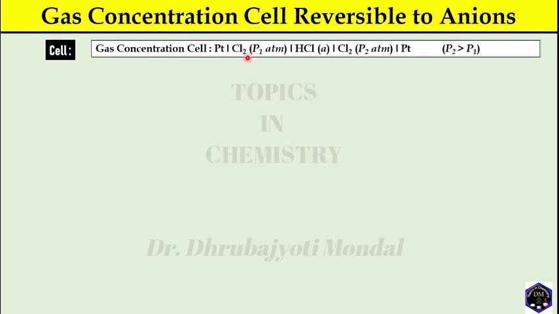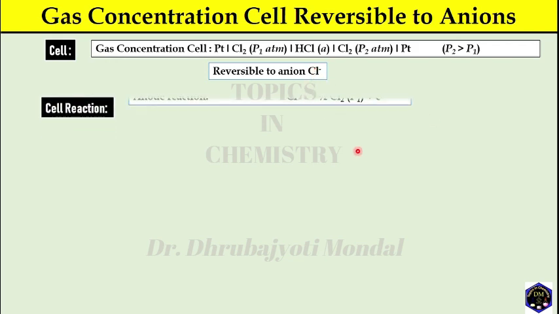Platinum vertical line chlorine gas, P1 atmosphere pressure, vertical line HCl activity A, vertical line chlorine, P2 atmosphere, vertical line platinum. And the condition here you can see is P2 greater than P1. Now I am going to explain why the condition is P2 greater than P1. Remember this is a gas concentration cell reversible to anion, and the anion is Cl minus.